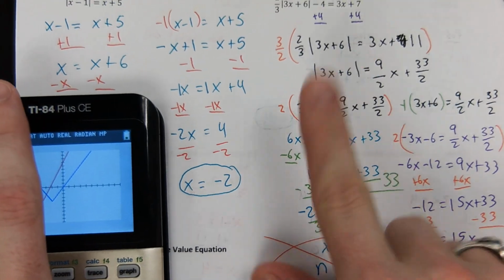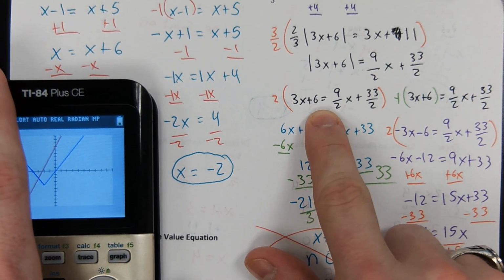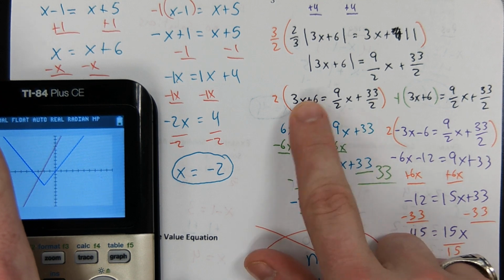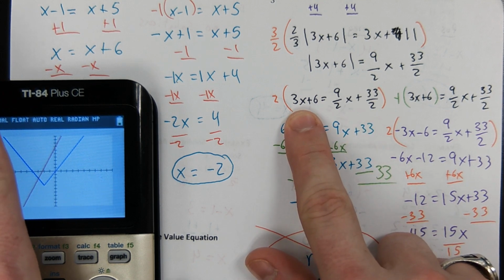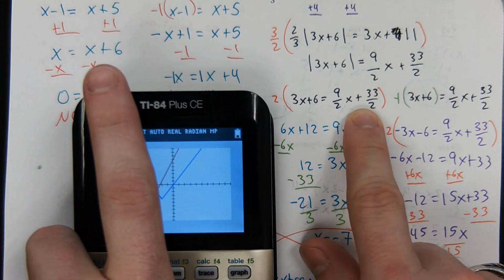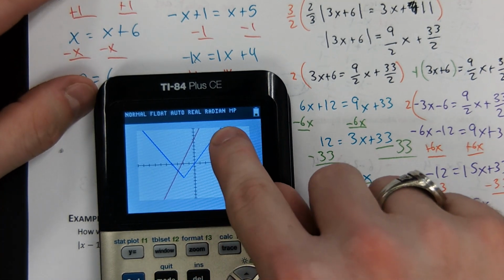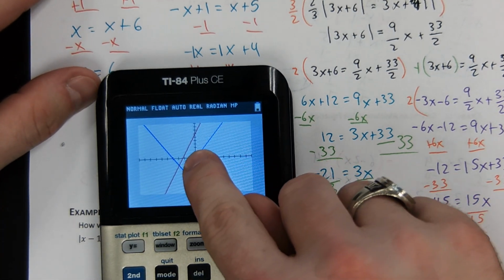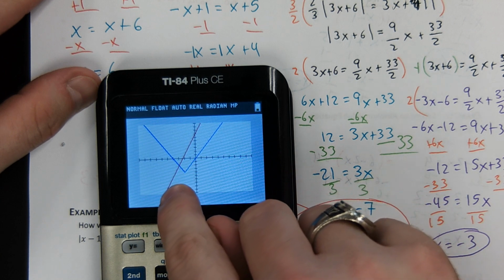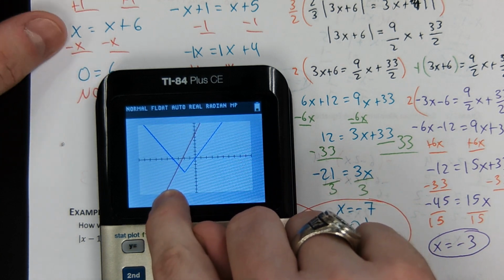Because here, I set my stuff equal to a linear equation. 3x plus 6 was equal to 9/2 x plus 33/2, which is essentially this line right here. And if we let it keep going down, eventually there's another intersection point down here.